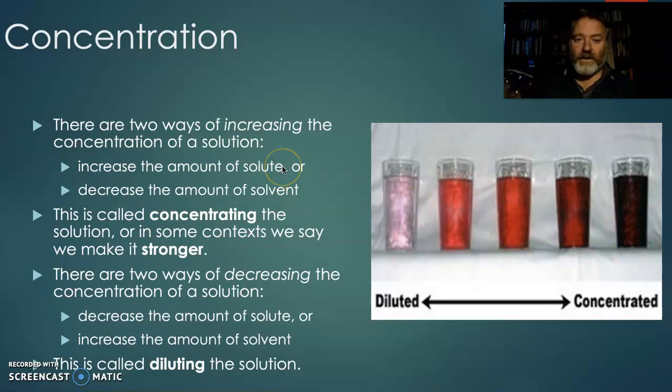So one way you can increase concentration is putting more solute in, or you can take the solvent out, and it has the same effect. And the opposite is diluting. So we can either put more solvent in and dilute the thing, add more water, or we can put less solute in and therefore cause a dilution. So concentration and dilution are sort of opposites in this pole. So I hope you can see that in that image.